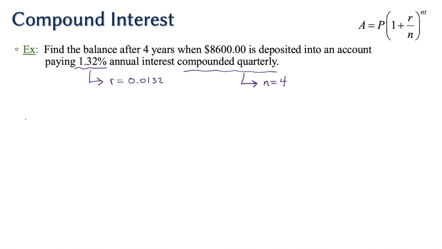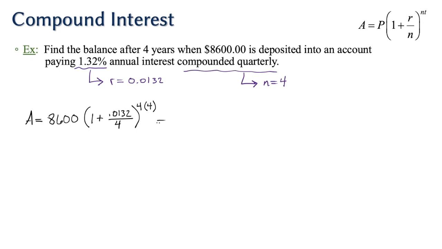To set this up, we begin with A equals, and of course our P, our principal, is that $8,600. And then we have 1 plus our decimal, 0.0132, divided by our N value, 4. That's going to be raised to the power of 4 times per year, and we're going to let this sit for 4 years.